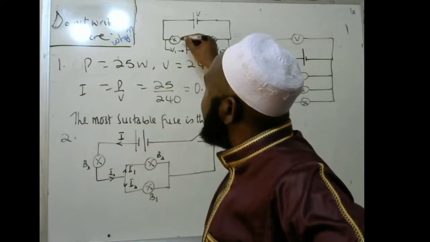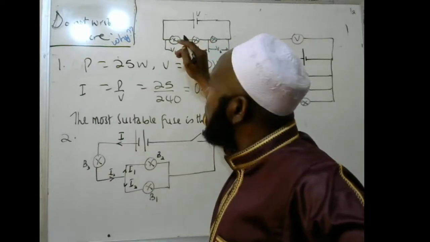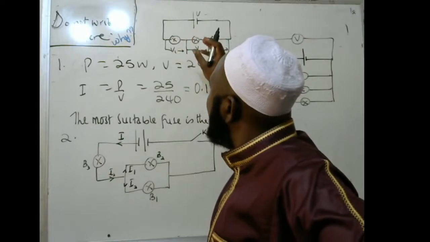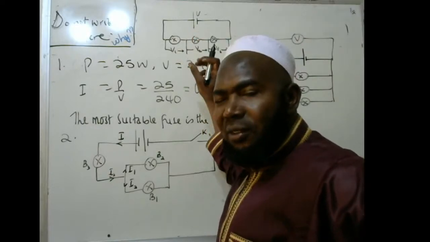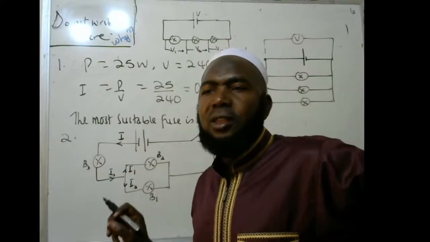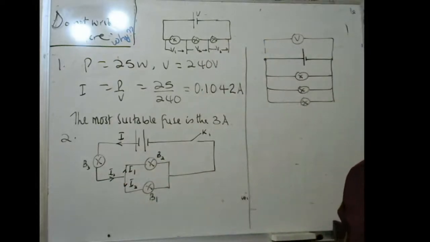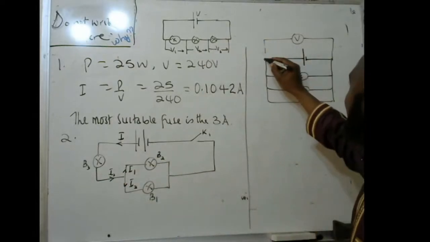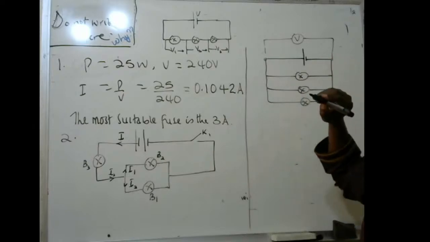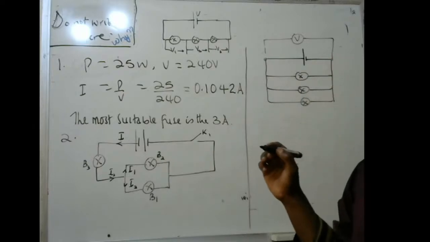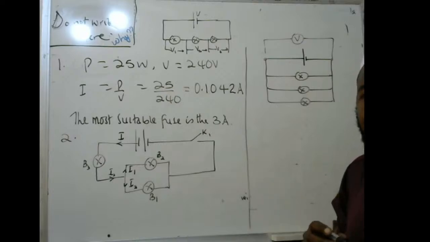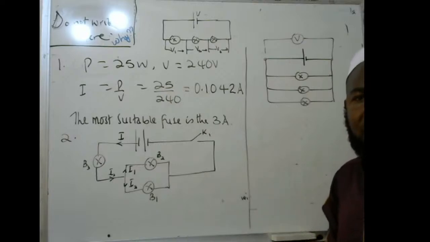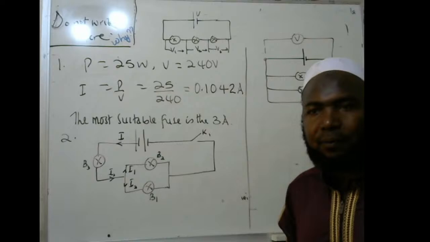So you realize if this one has low resistance, this is going to be brighter, this one less bright, the other one almost dimming. Are you getting it? Whereas with this one, they are connected to the same source, all of them. And if they are connected to the same source, they all light brightest, with the same level of brightness.